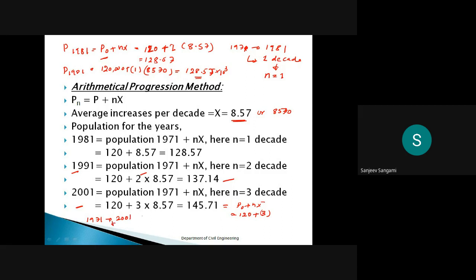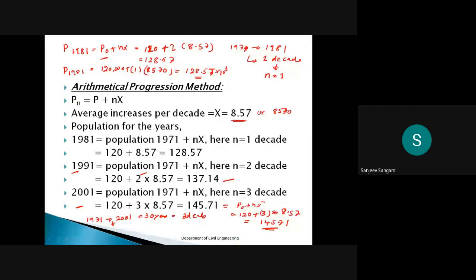So 3 decades multiplied by 8.57, it will become 145.71. That will be your population for 2001.